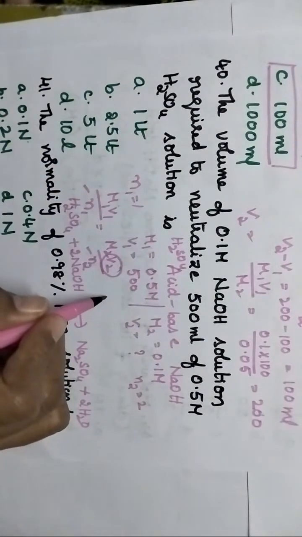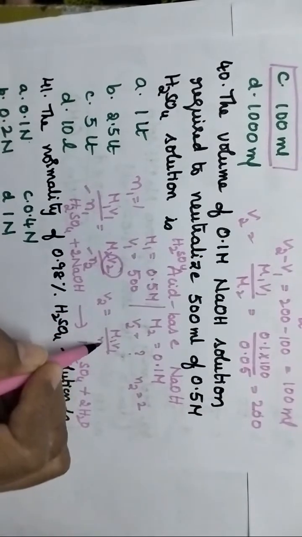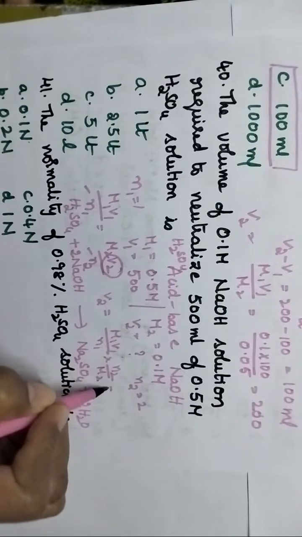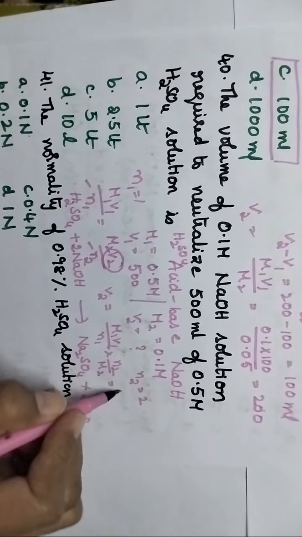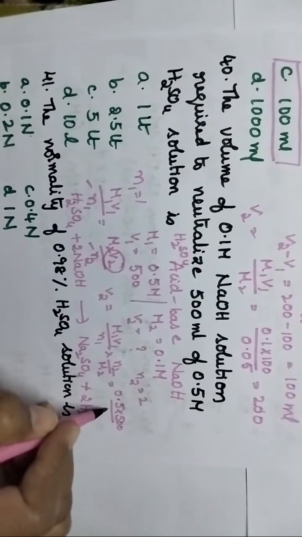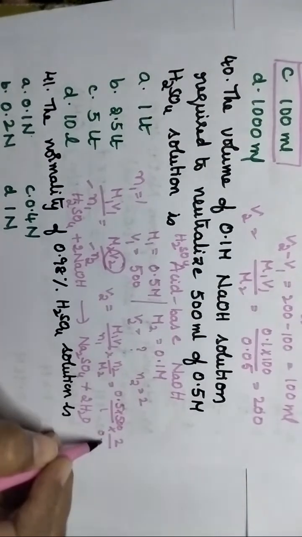So coming to the expression for V2, M1 V1 by N1 into N2 by M2. That is equal to 0.5 into 500 divided by 1 into 2 divided by 0.1.